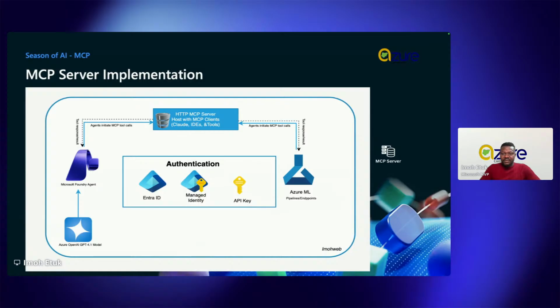Azure ML workspace. But my Azure ML workspace is actually an enterprise environment where I do not want the agent to go straight to it. So this is where the MCP server comes in as a bridge to make sure that everything is verified before the pipeline's deployment is initiated.